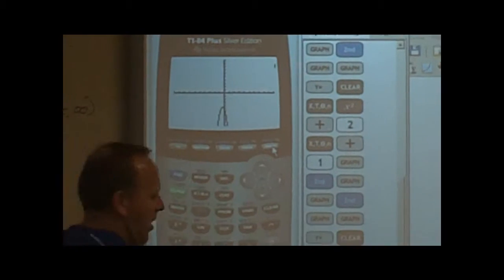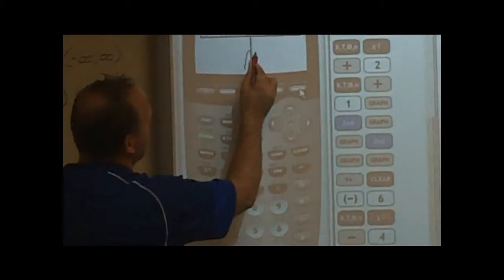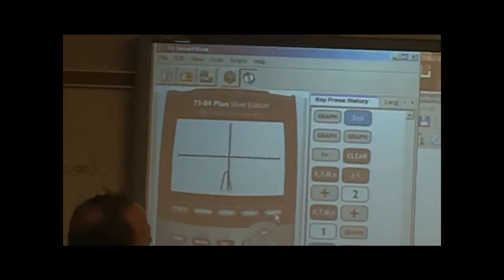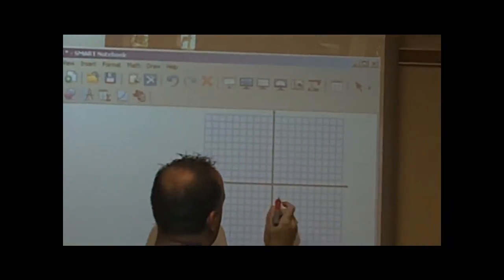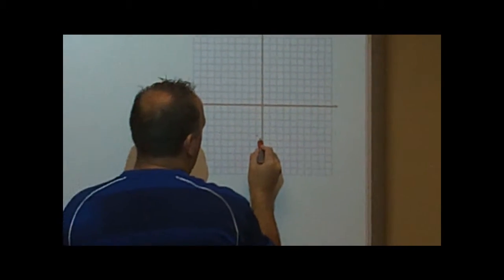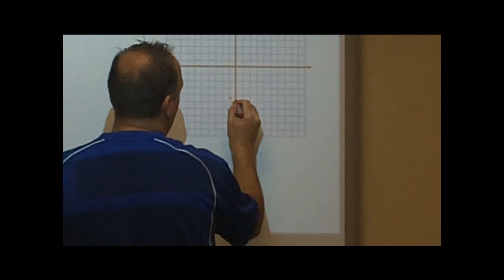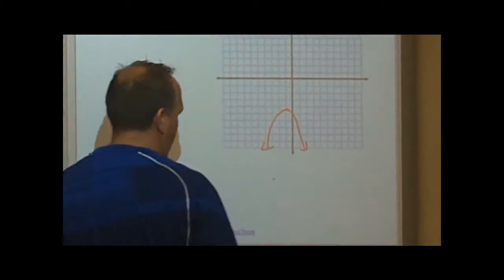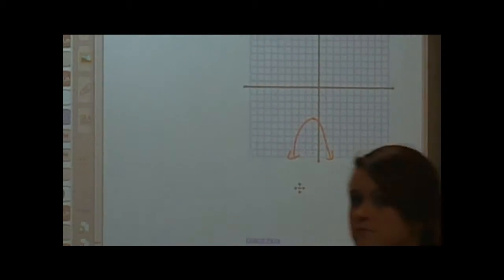My graph is going to be between negative 4 and negative 5, and a little bit over, and it goes down, roughly like that.